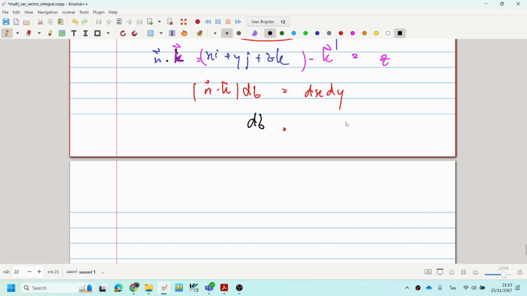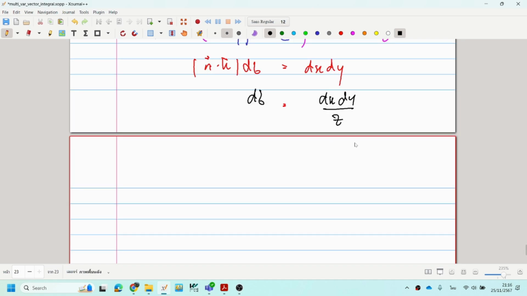Right now d sigma is a scalar, it's not a vector anymore. d sigma equals dx dy divided by z, because n dot k equals z. Move to the other side and do the below term. d sigma is dx dy over z.